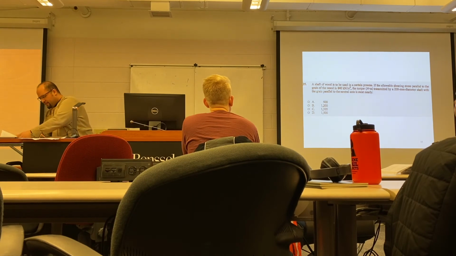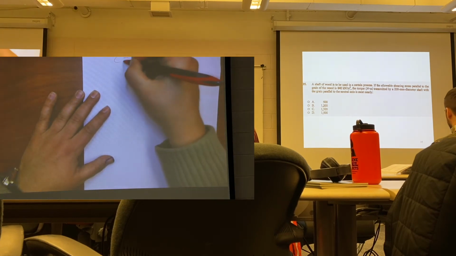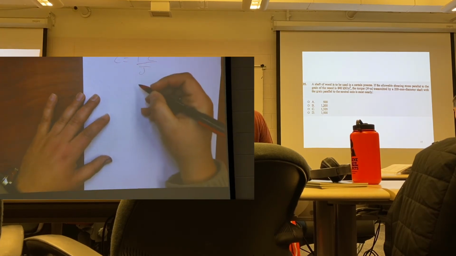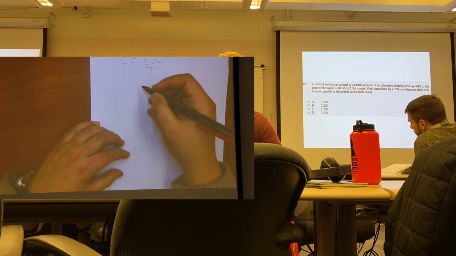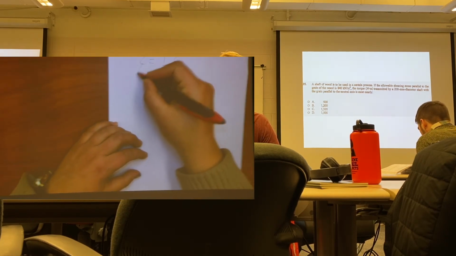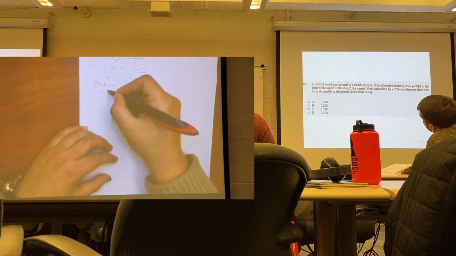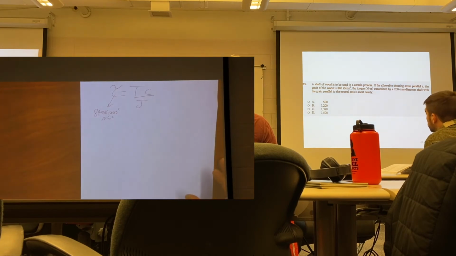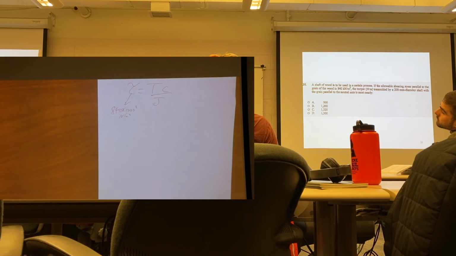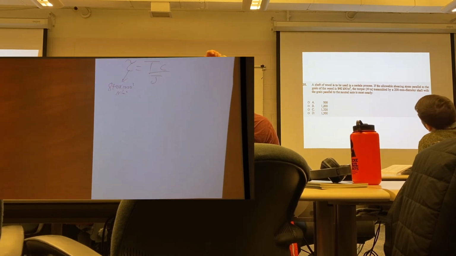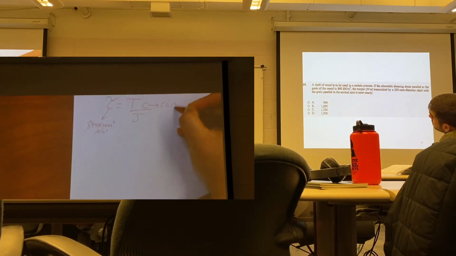So basically, this problem, tau equal TC over J. Tau is 840,000 Newton per meter square. I'm talking in pascals. And what is your radius? 100 millimeters or 0.1 meters.